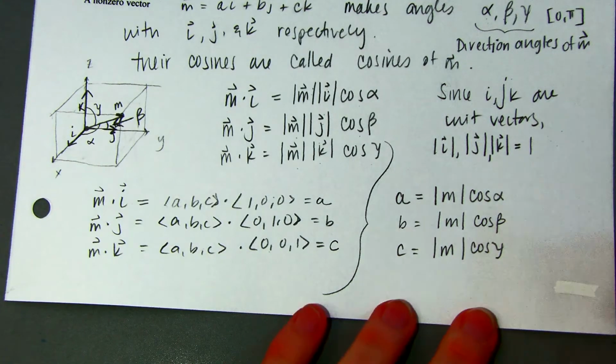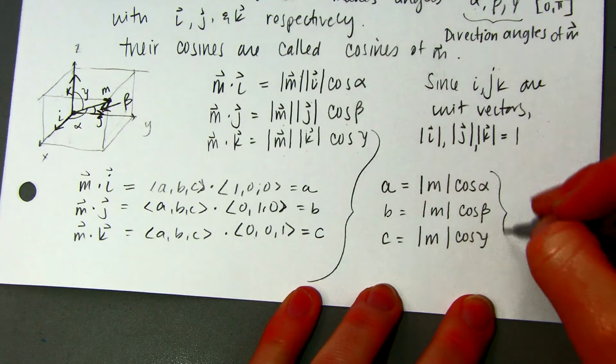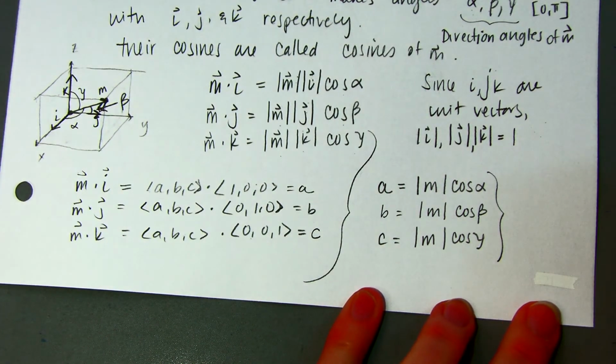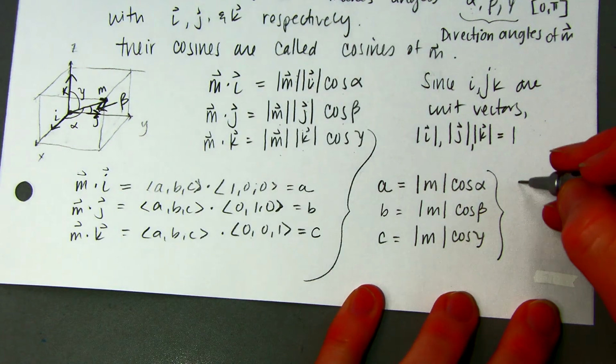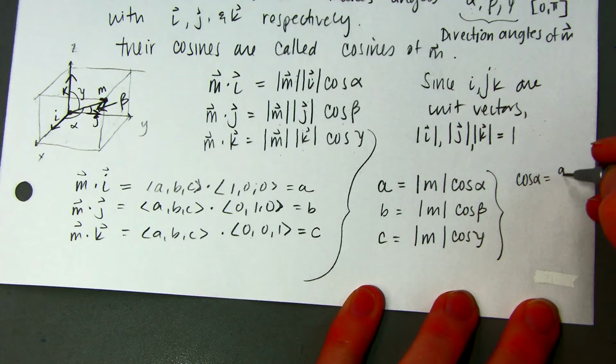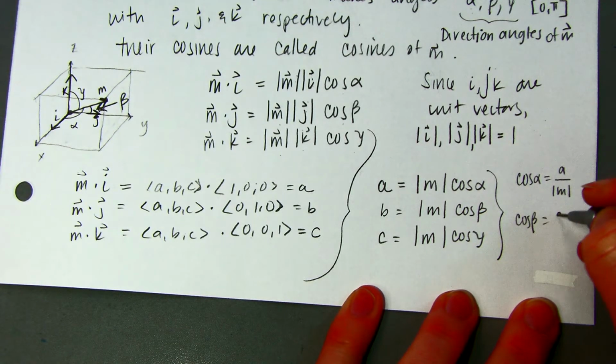And so then, therefore, you can find alpha, beta, and gamma with the cosines of m. Cosine alpha is going to be A over the magnitude of m. Cosine of beta is going to be B over the magnitude of m.